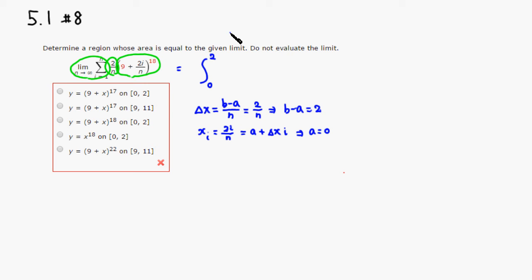So xi is going to be just this part right here. This is going to be xi, so this is f of xi.